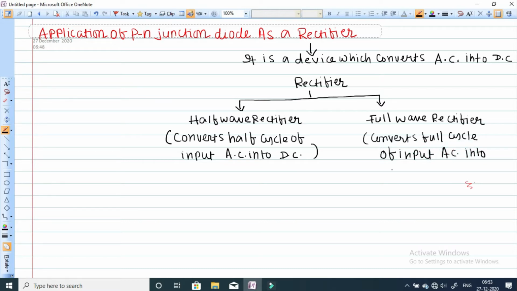So basically in input we will provide the AC, and with the help of the rectifier we will convert it into DC.